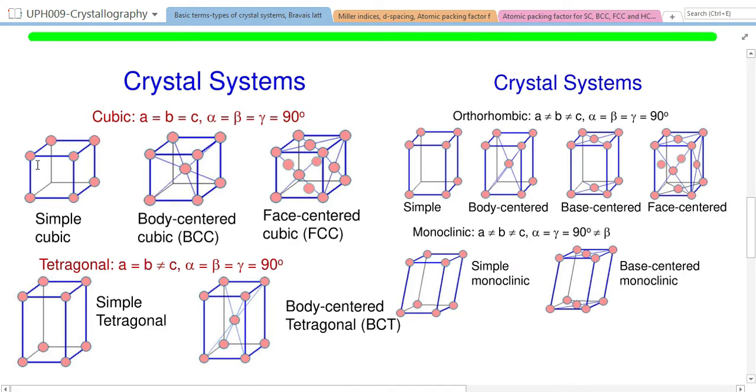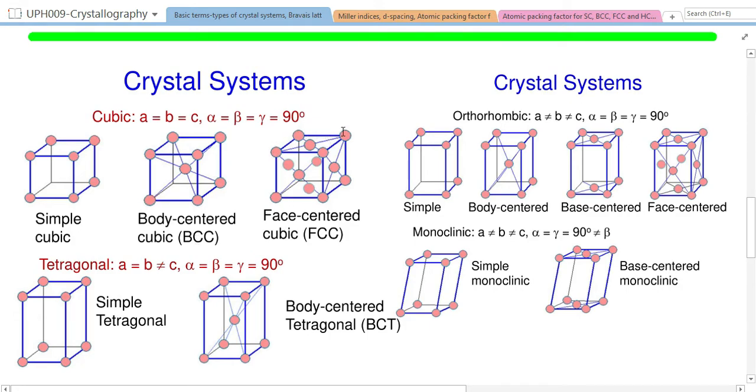So first, if I put the atoms only at the corners, you get simple cubic Bravais lattice. If I put the atoms not only at the corners but also one more atom at the center of this cubic box, then I get body-centered Bravais lattice. Body-centered cubic Bravais lattice, BCC Bravais lattice.